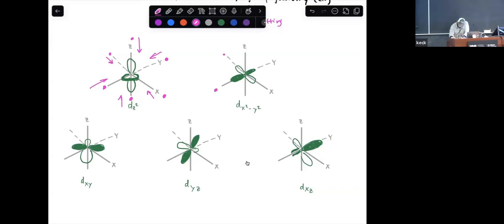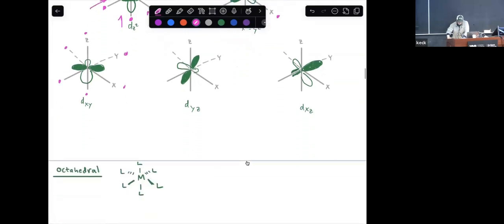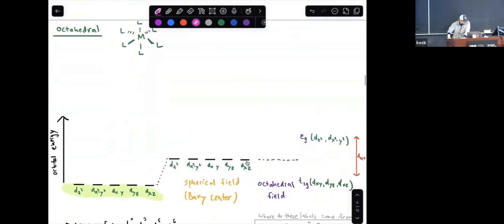Same story here with the dx squared minus y squared orbital, because the lobes of this orbital lie directly on the x and y axis, whereas the extent of clashing is significantly less in the dxy, dyz, and dxz orbitals. And so as a first approximation, in an octahedral ligand field we'd expect the dz squared orbital and the dx squared minus y squared orbital to be pushed to higher energy levels with respect to the other three. And indeed, that is what we see.